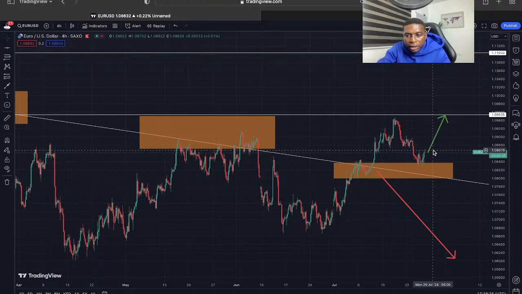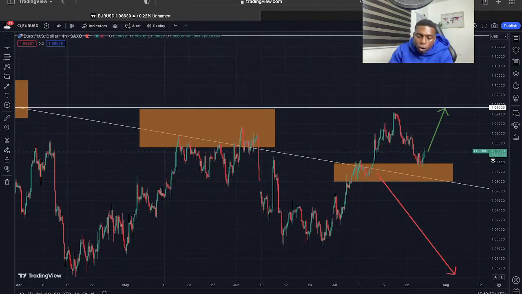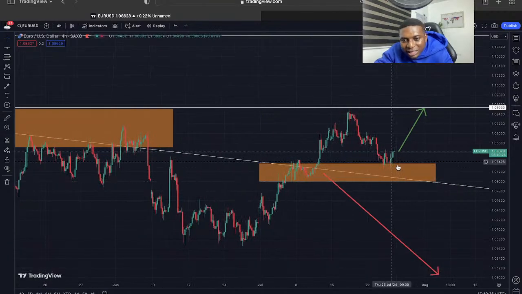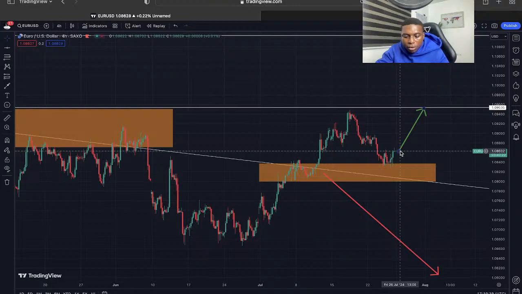So from the obvious point of view, price action is saying that buyers have more edge on this level than sellers. So from this level here, we are looking to go long the market.